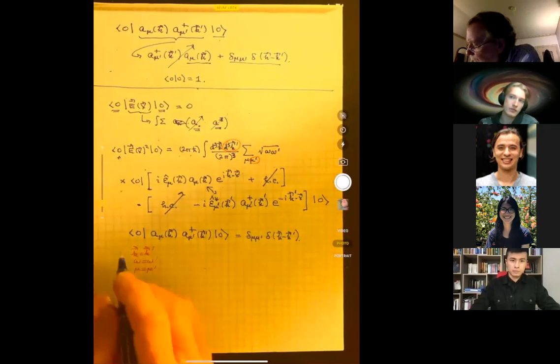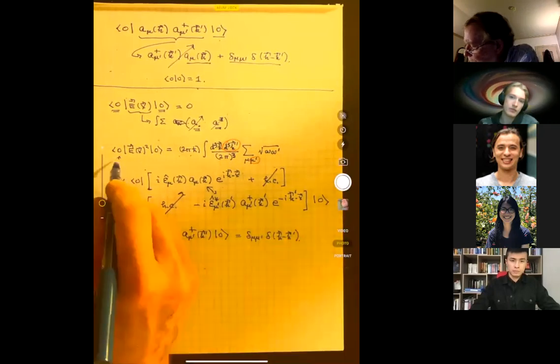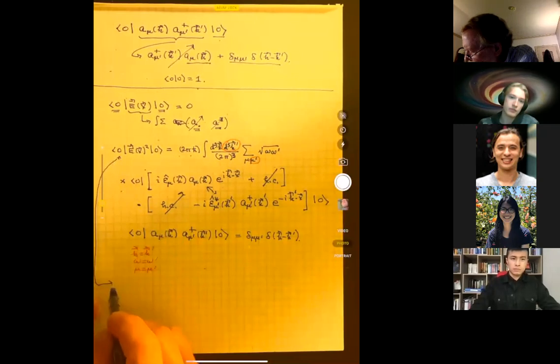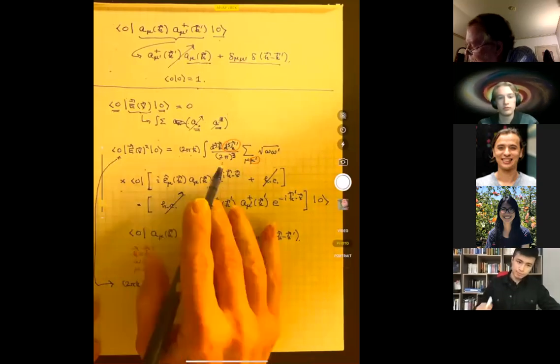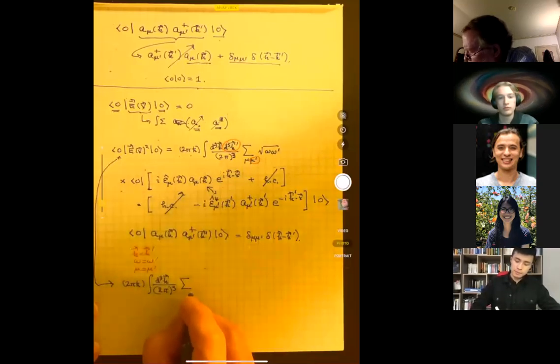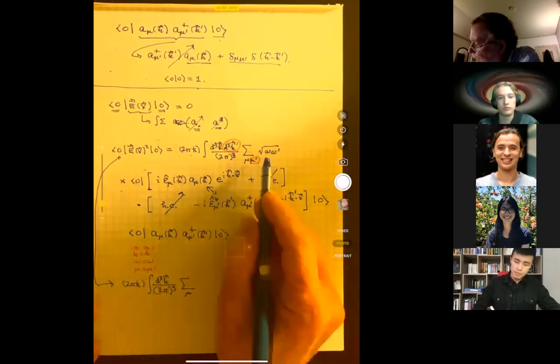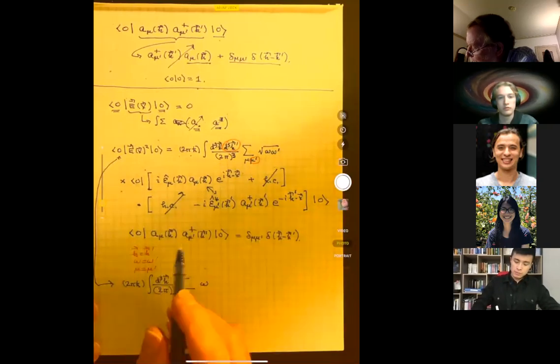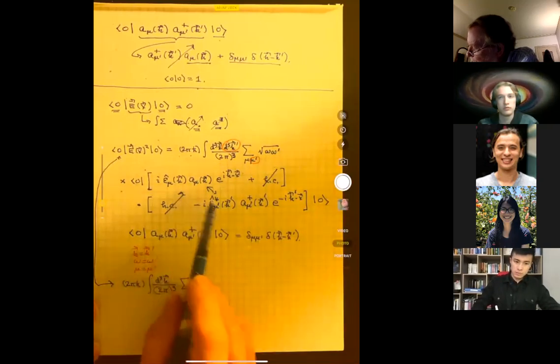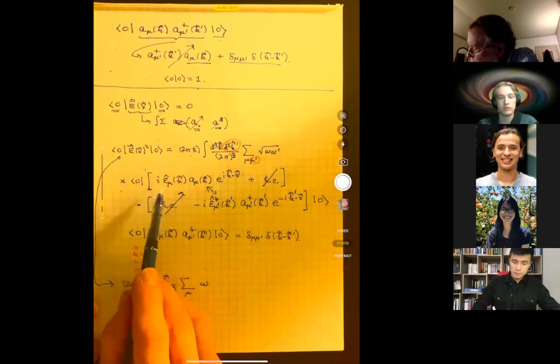And so if you clean this up, then this expectation value that we started up with here of E squared, what does it turn into? It simplifies a lot. We've got a 2 pi h bar still there. We get an integral over k, d cubed k, divided by (2 pi) cubed, because that's still there. We get a sum on mu, now a single sum on mu. The root omega omega prime just turns into a single omega because the two omegas are equal. And then multiplying these factors together, i times minus i is 1.